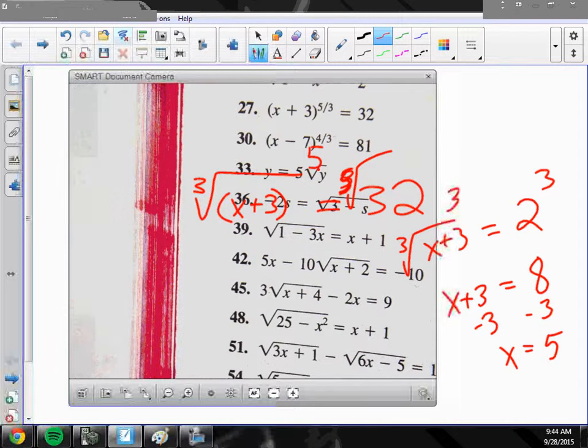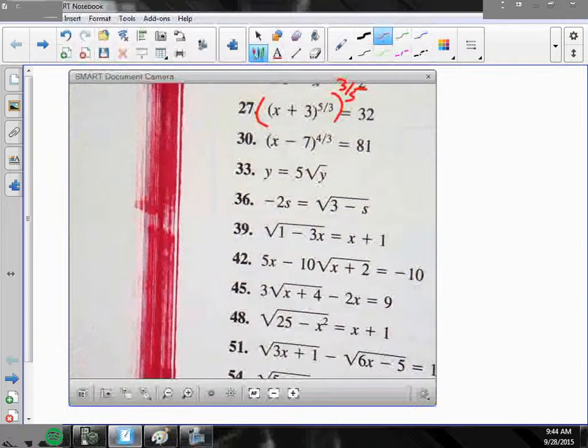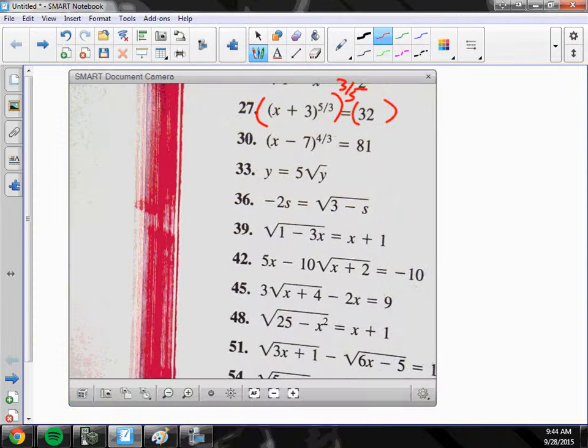So let's look at 32. So essentially, we fifth rooted 32 and raised it to the third. So I took the 5/3 and I raised it to the 3/5. Right? That's how you get rid of a 5/3 exponent. You raise it to the 3/5. So over here on 32, I raised it to the 3/5, which is the fifth root of 32 to the third.